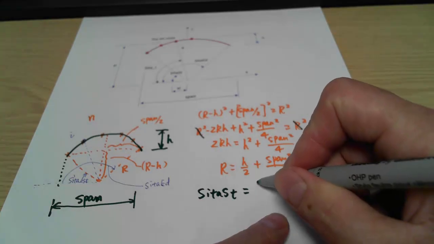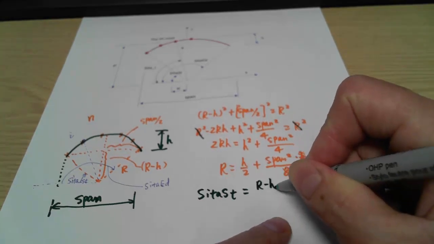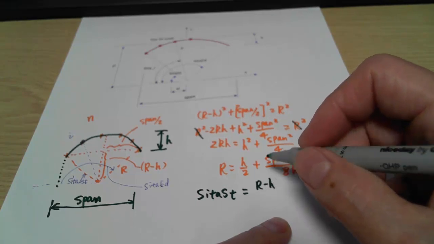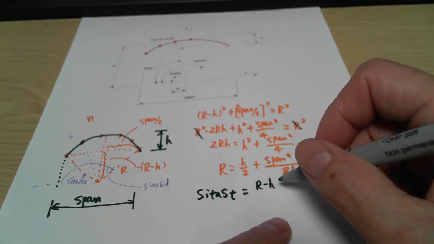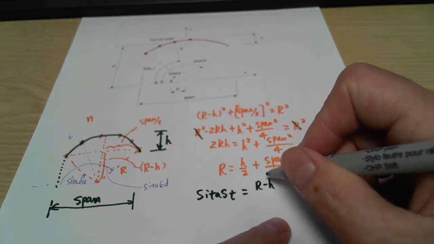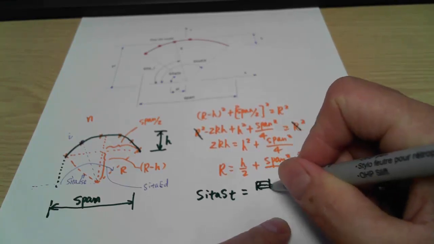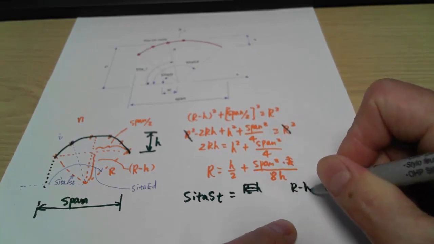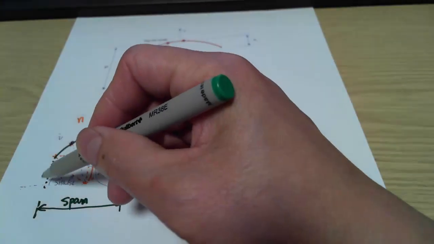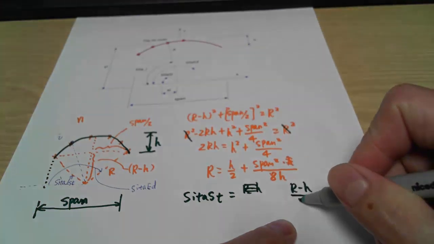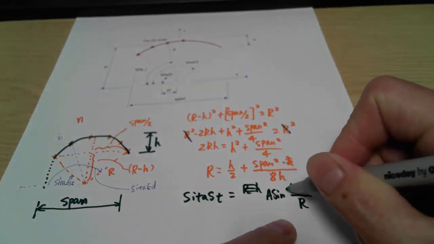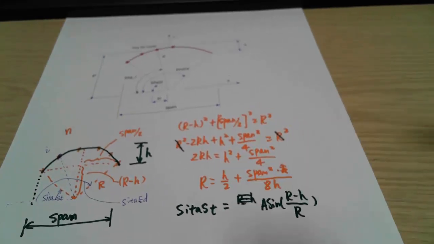So theta st equals arc sine of (r minus h) divided by r, which is this distance divided by r. The arc sine of this one will give you theta.